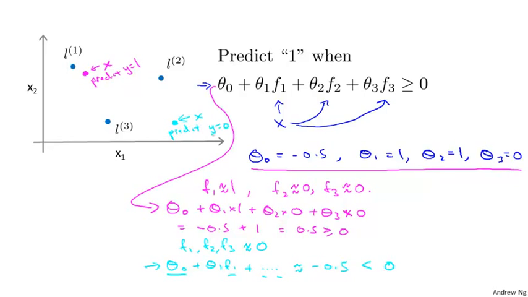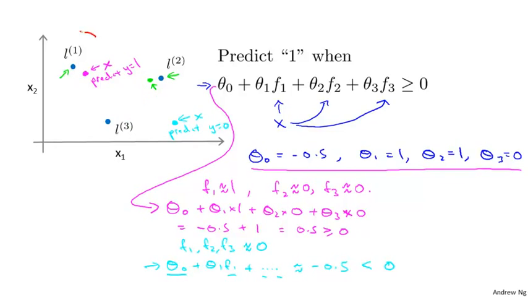And if you do this yourself for a range of different points, you should convince yourself that if you have a training example that's close to L2, say, then at this point we'll also predict y equals 1. In fact, if you look around this space, for points near L1 and L2, we end up predicting positive, and for points far away from these two landmarks, we end up predicting y equals 0.